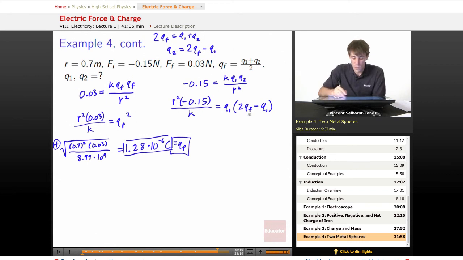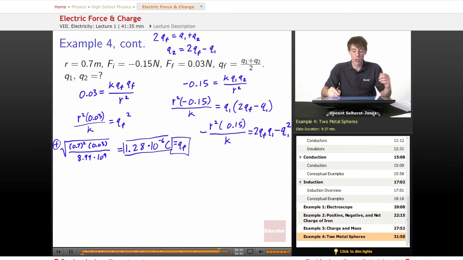All right, we multiply that Q1 over. We get R squared, negative 0.15. Let's move that negative out front. Negative over K equals 2QF Q1 minus Q1 squared.